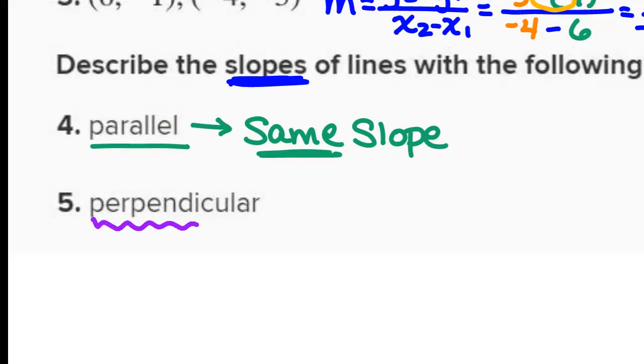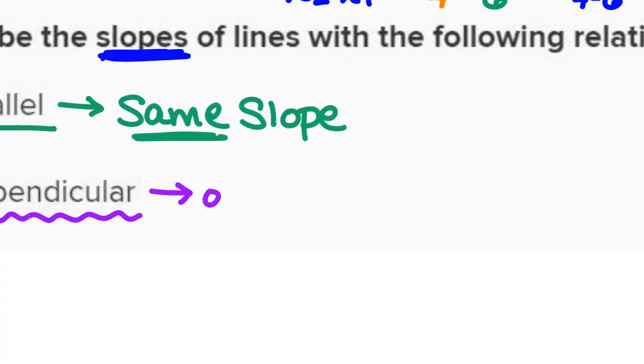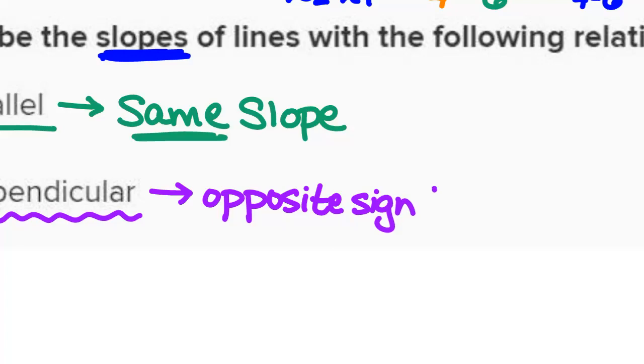What about for perpendicular? What am I looking for? How do I know if they're perpendicular? Yes. That's absolutely correct. Opposite sign and flipped, which we call the reciprocal.